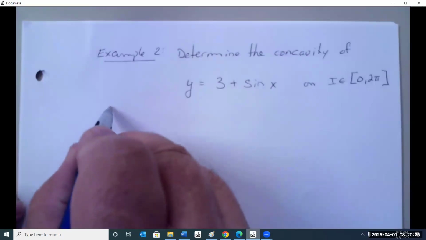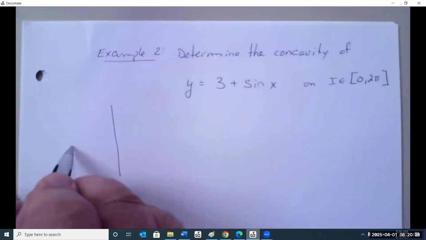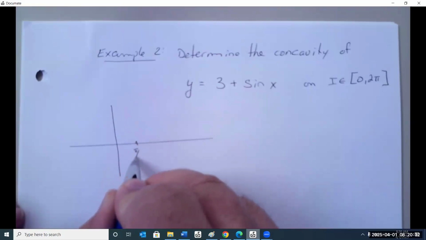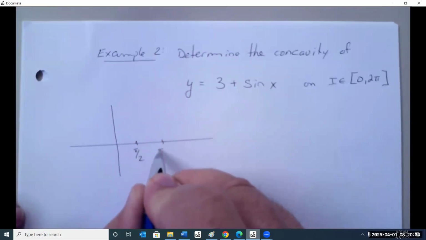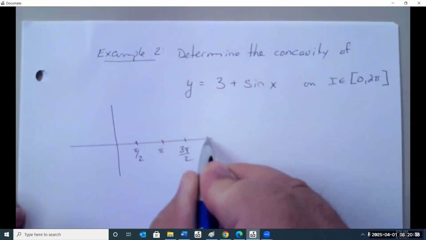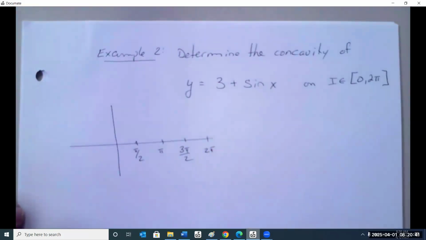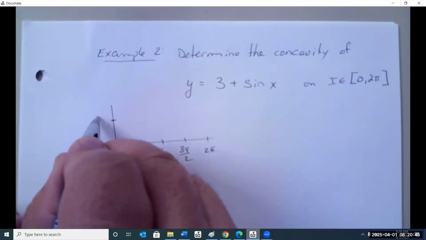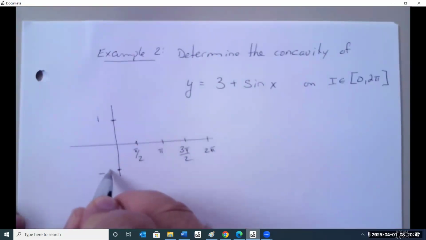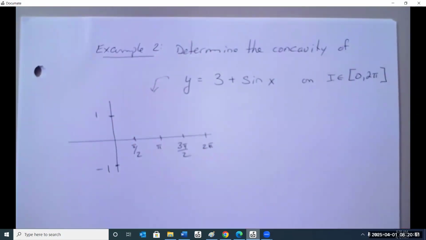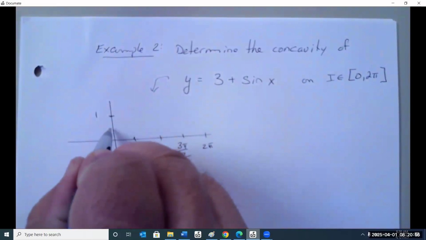So this graph from 0 to 2 pi, we have pi over 2, pi, 3 pi over 2, 2 pi. And it's bounded at +1 and -1.